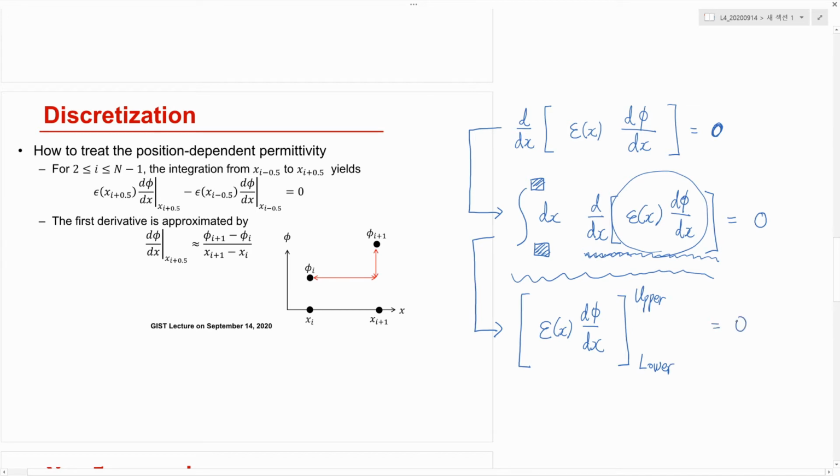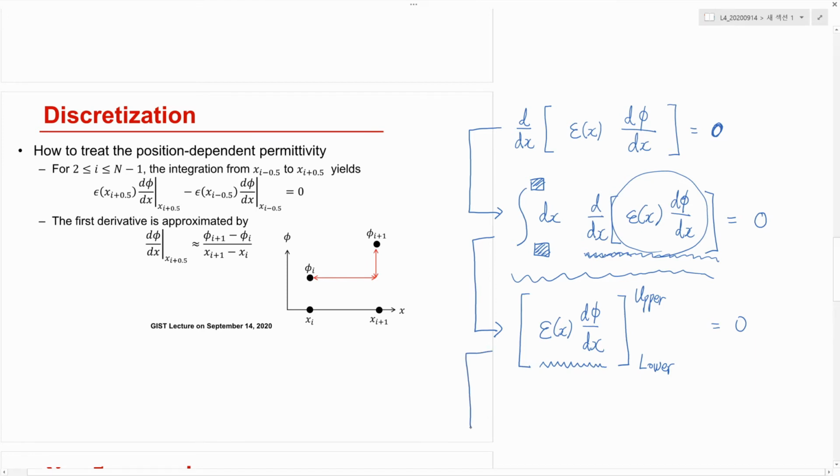That will be the result of our integration. Simply speaking, the term epsilon multiplied by d phi over dx is evaluated at the upper bound and lower bound, and their difference is needed.